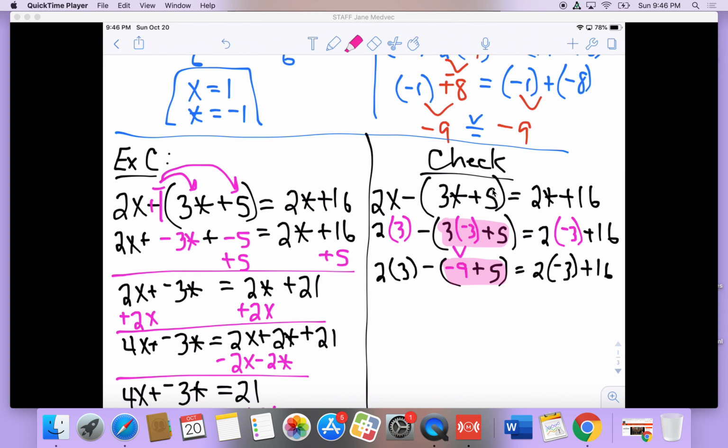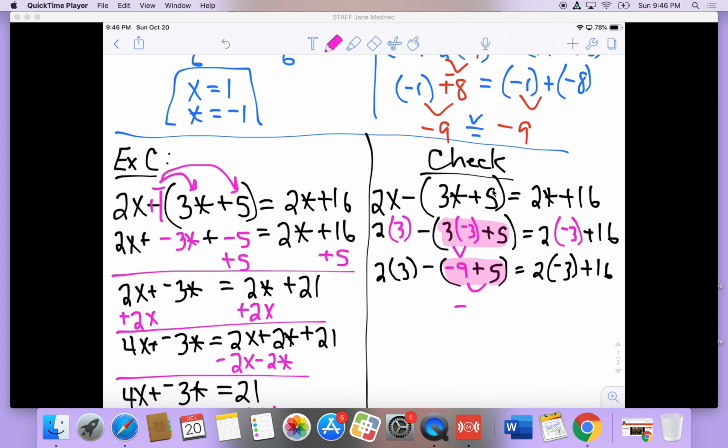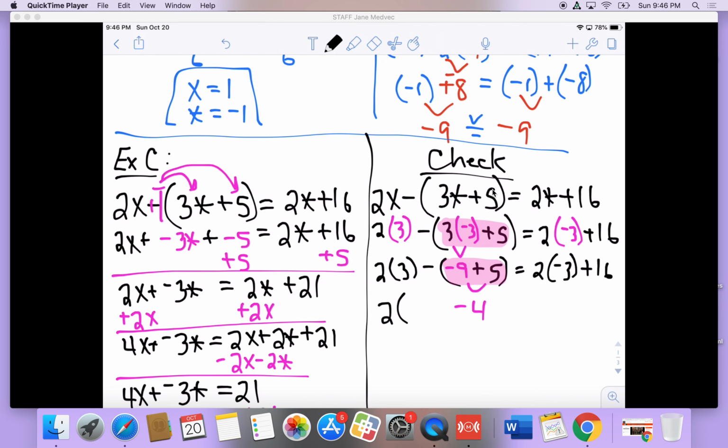Now, one thing that students will want to do is you'll notice there's a negative out front, and they're going to want to do a chop chop. Don't do that. The reason why is because you want to work in the parentheses first. So I'm going to add these together and make that a -4. Once you get that number alone by itself in the parentheses, then you could do the chop chop, but don't do it before. That's a common mistake.